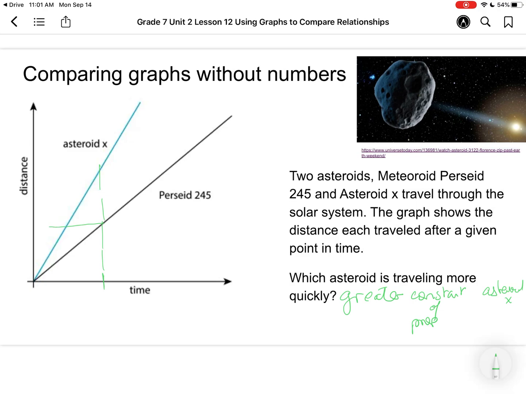So Perseid got this far, and asteroid X got this far. So asteroid X went a much further distance in the random amount of time we chose. And so it has travelled the greater distance. And so I'm going to write here asteroid X. And it has, looking at the graphs, the greater constant of proportionality and the steeper line.